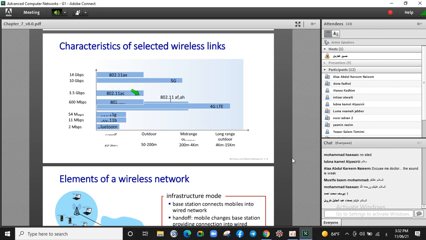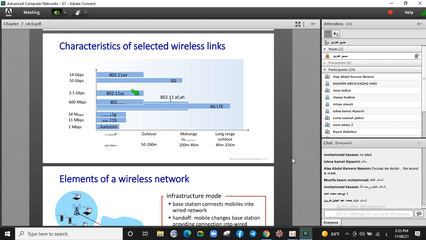If I use Wi-Fi technology inside a building as an indoor technology, its communication range is about 30 meters. But when I implement Wi-Fi technology outside the buildings, as an outdoor technology, its communication range is about 100 meters.